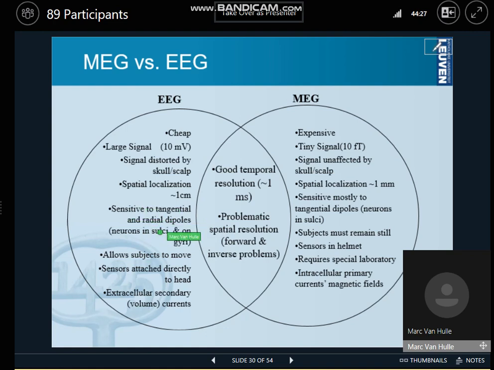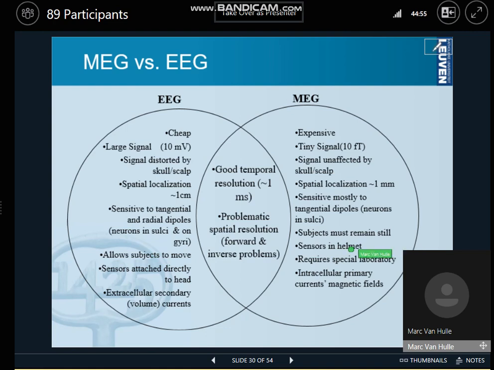And EEG gives you a more full picture of tangential as well as radial dipoles, while MEG, as we said, is only sensitive to tangential ones, so it's more restricted. With EEG, subjects can move, and you have EEG equipment that is even wireless, so you can walk around, move around in the supermarket while recording EEG. It's all possible. With MEG, you can't do that.